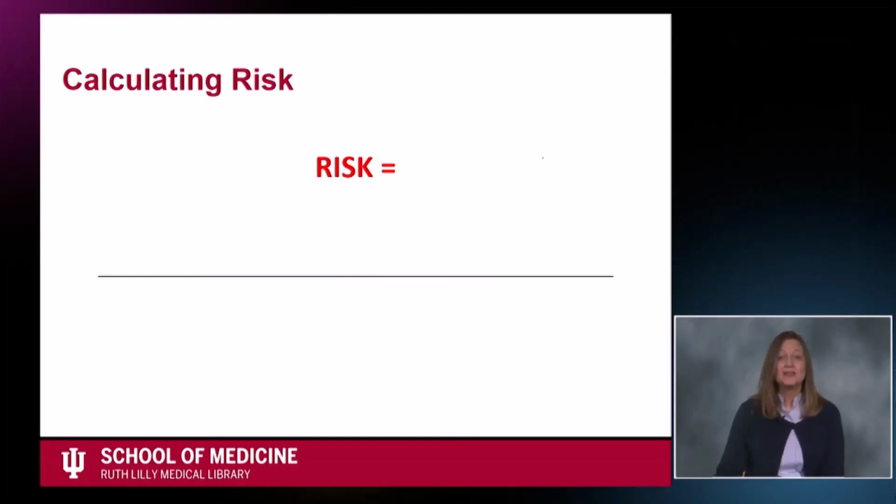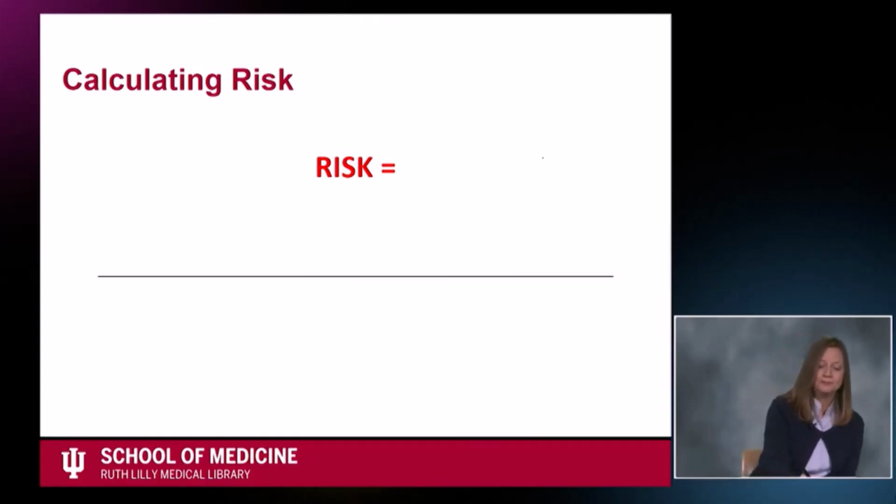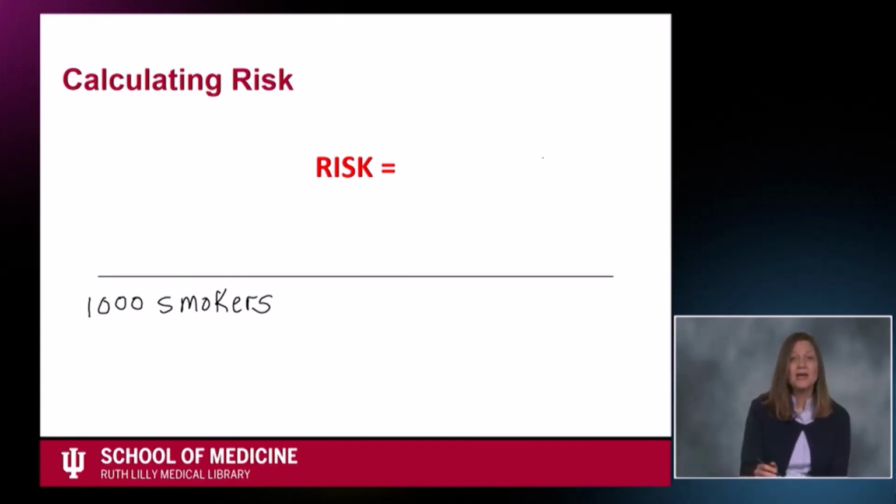Let's put it all together. Let's say you enrolled 1,000 smokers in a study of stroke risk in people who smoke. And 700 of them had a stroke during the study.